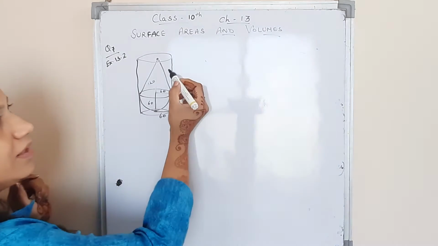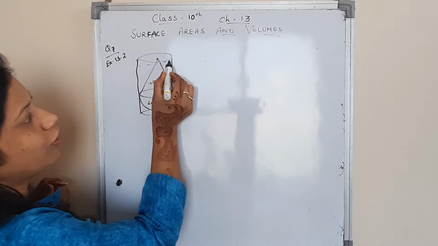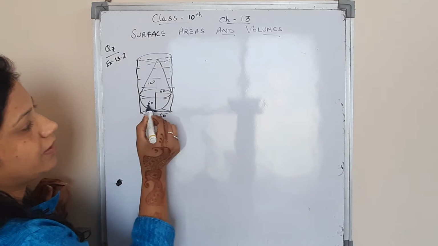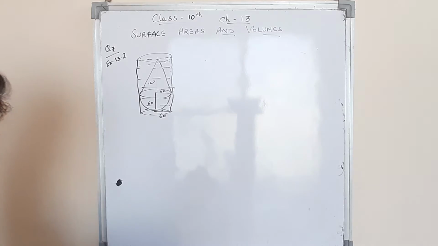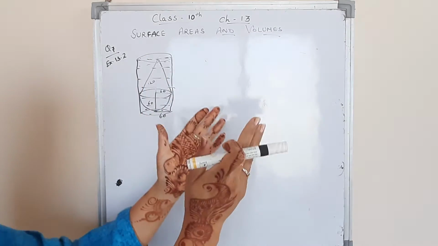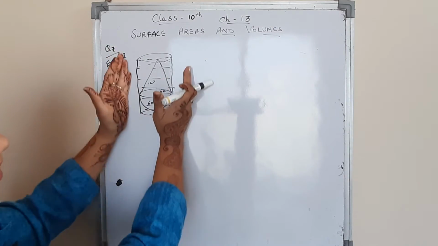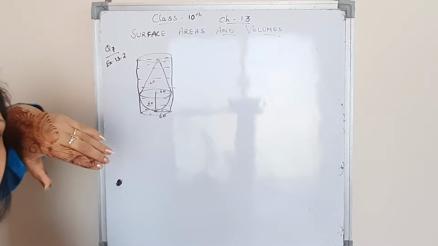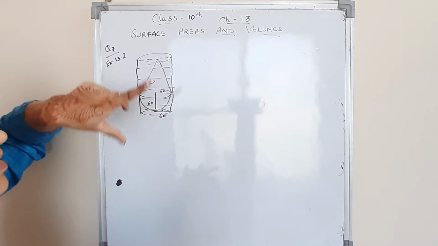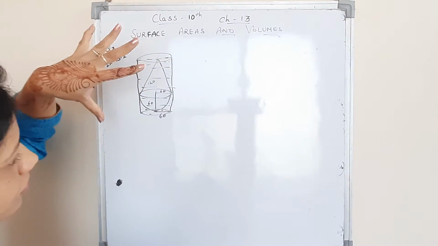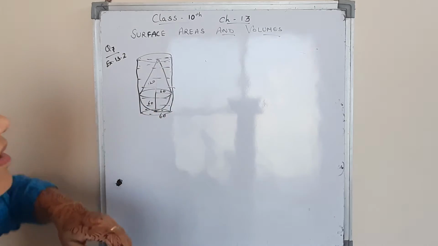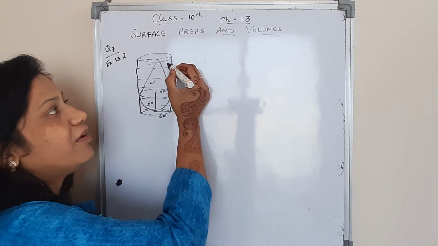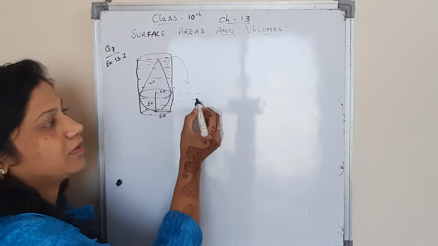Then he is saying this cylinder was full of water, up to the brim. Now you tell me, if you are putting something in a utensil, suppose it is a bucket, and it was completely full with the water, then definitely the water will flow out.